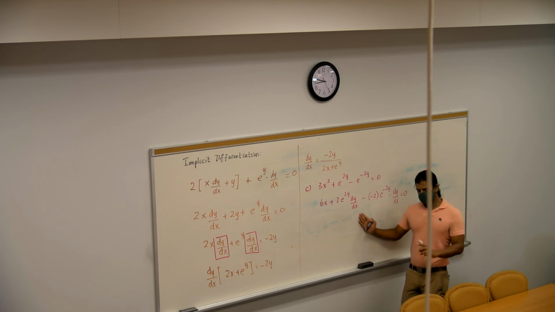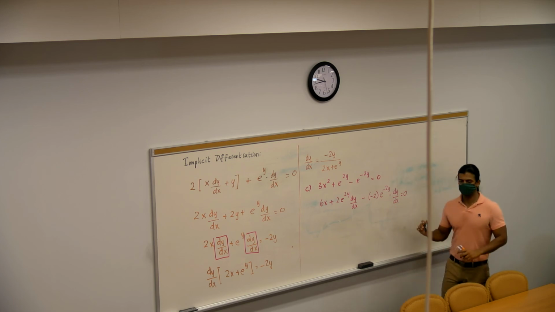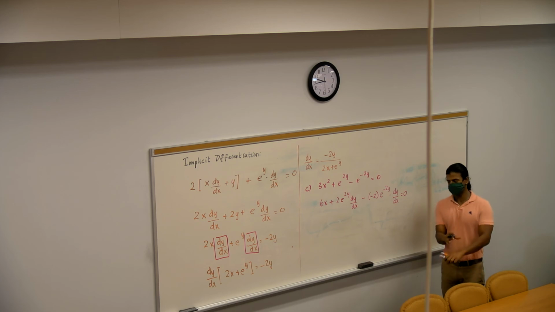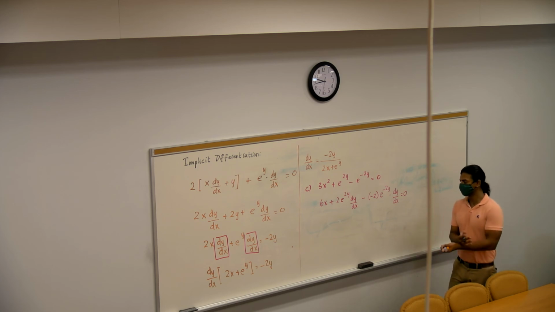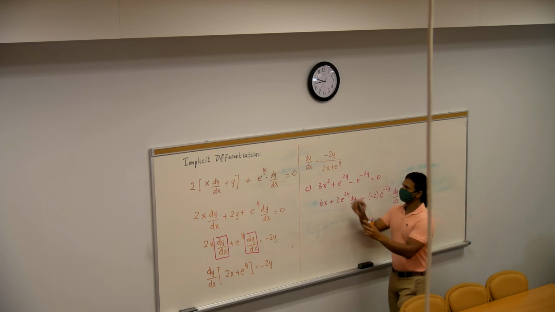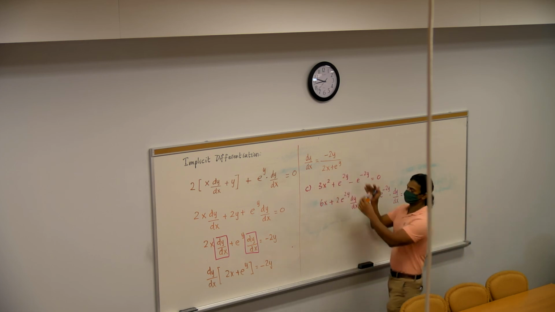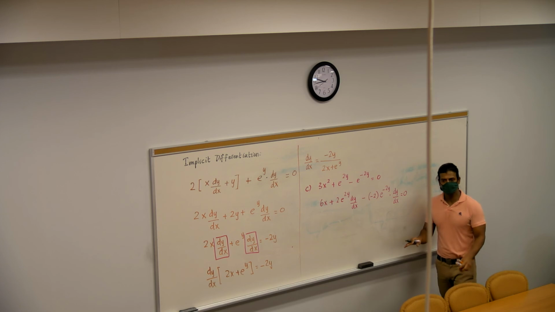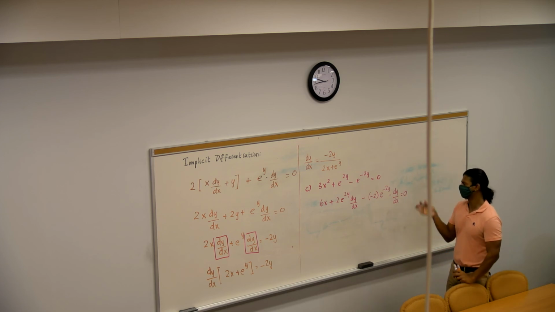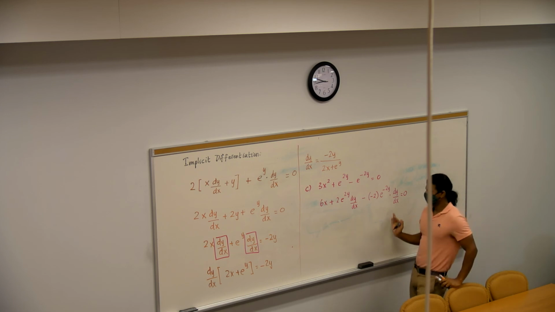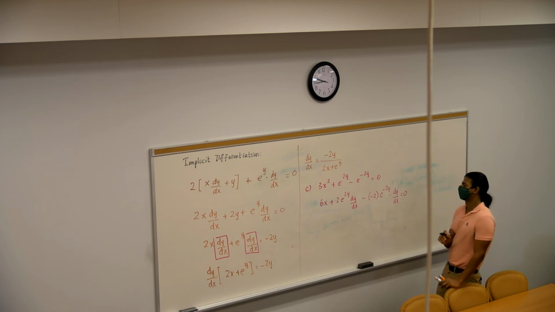It is not always possible to isolate the derivative. Keep that in mind. If you're not able to isolate the derivative and say dy over dx is equal to something, you can just leave it as an equation. So I've chosen the problem in such a way that the derivative can be solved because it's easier to understand. So I want to solve for dy over dx.